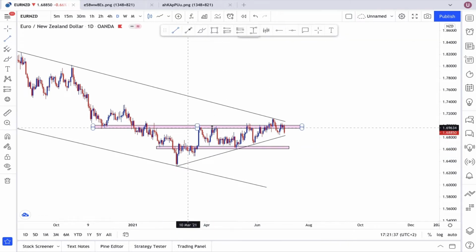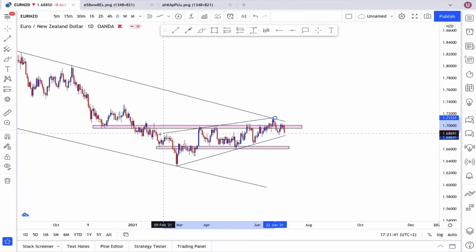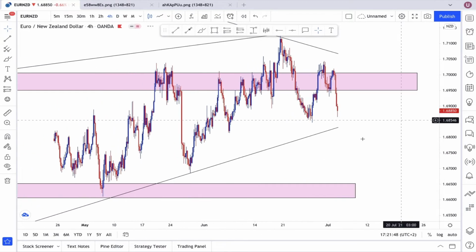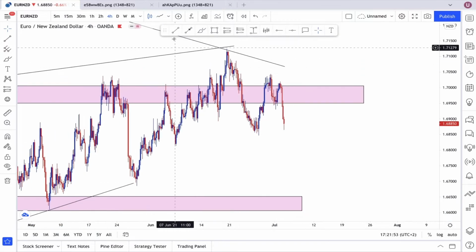So right now I want us to go down to the 4-hour time frame and filter out our entries. Let me start by making my analysis look nicer.